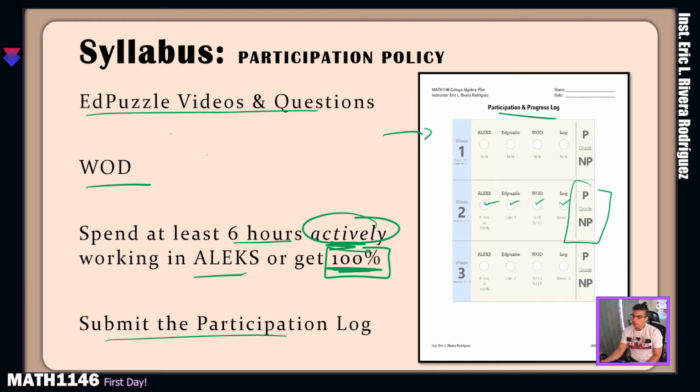So when I put your grade on Blackboard, it is not going to take you by surprise if you have earned a P or an MP. That is what is going to help you keep track of the participation rate, because you don't want to reach the penalty.